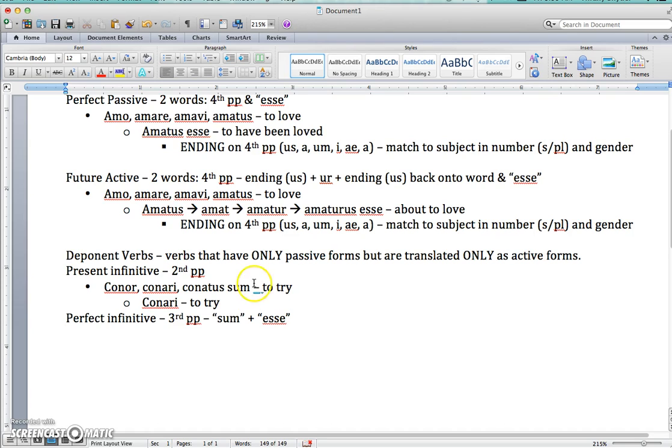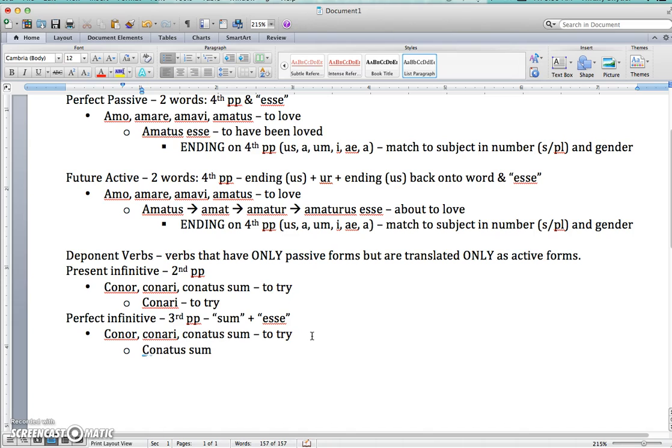So it's going to look like this if we use conor again. We're going to use the third principal part, conatus sum, but we're going to take off the sum, so we're just left with conatus, but we're not done. This has to be a two-word one, conatus esse, and now we're done. But let's translate this. So conatus esse looks passive, but it's translated actively. So it's an infinitive, we put to.